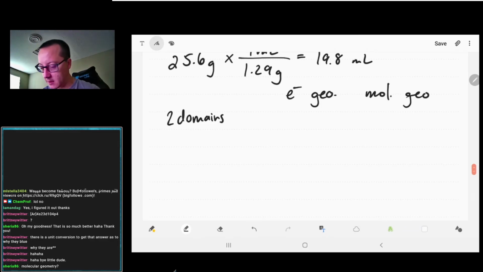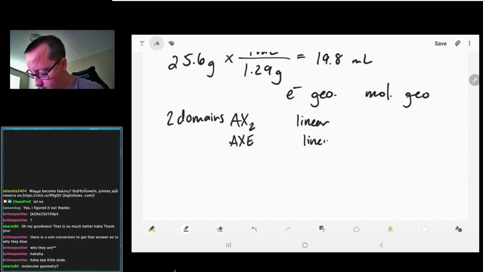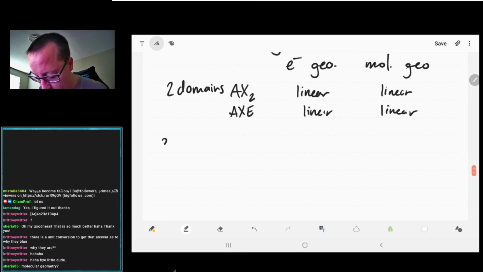Okay, cool. If we have two domains, we have two options. These are all going to be linear. I don't know why I even bothered. Hooray. Okay, no one cares about two domains anyway.